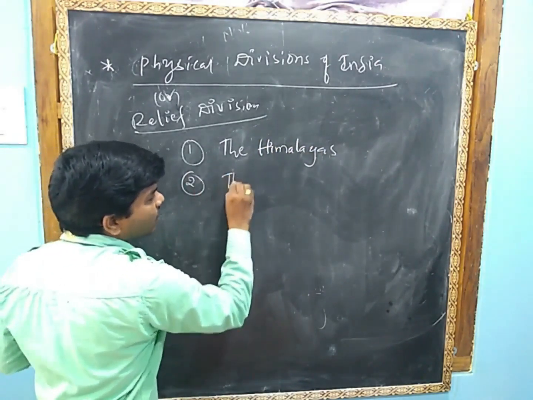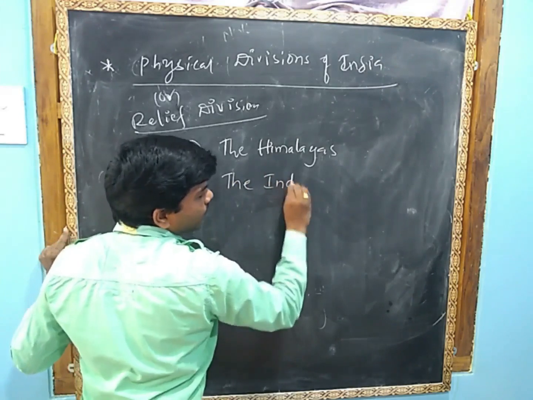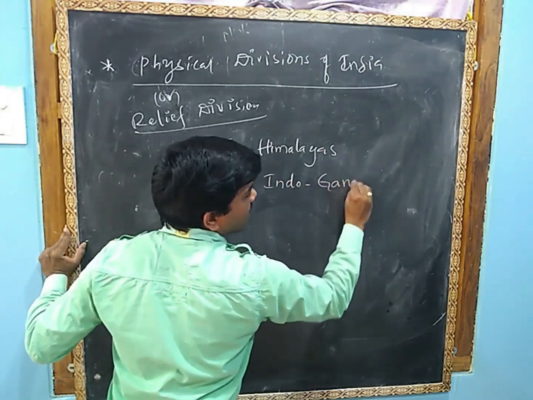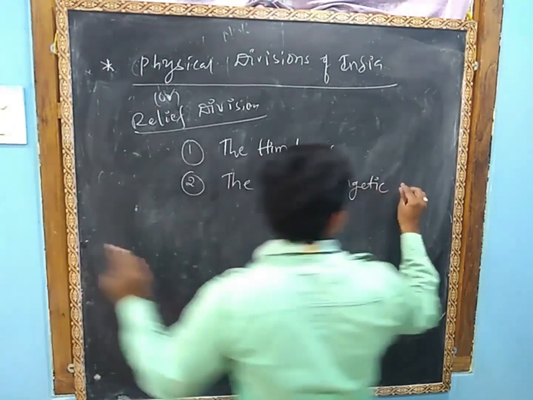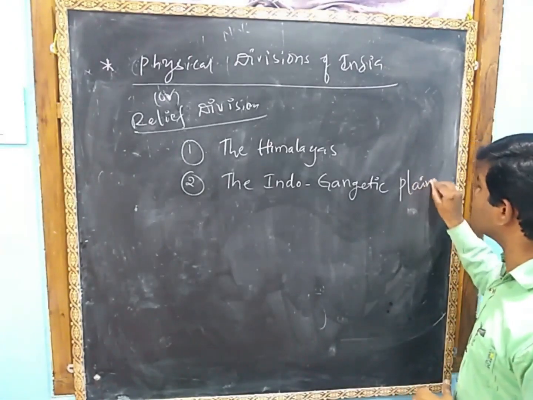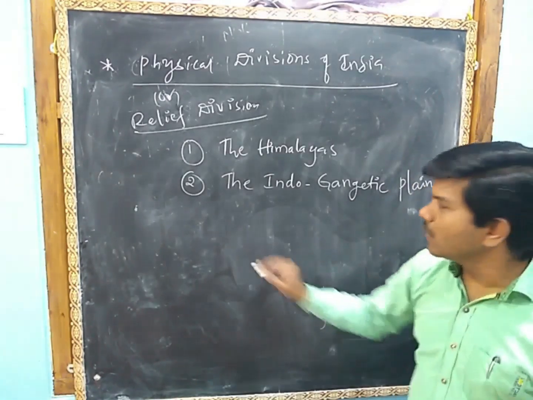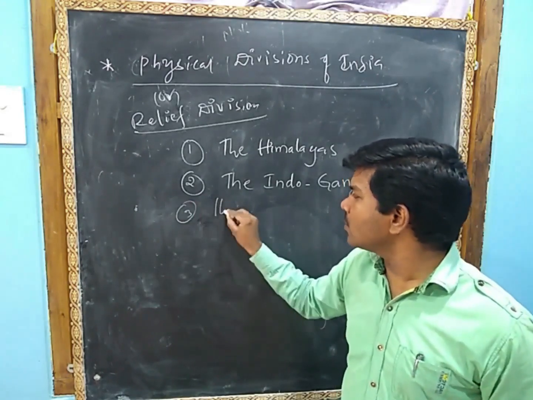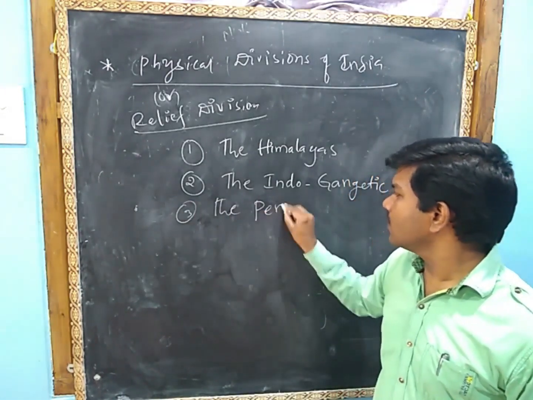Second division is the Indo-Gangetic Plains. Third one, the Peninsular Plateau.